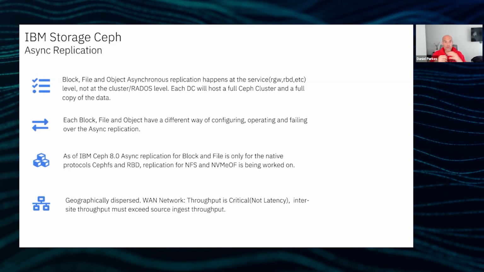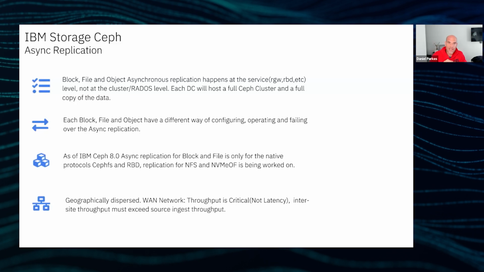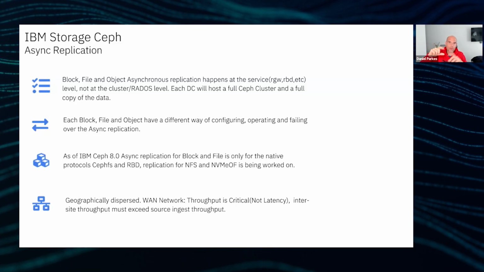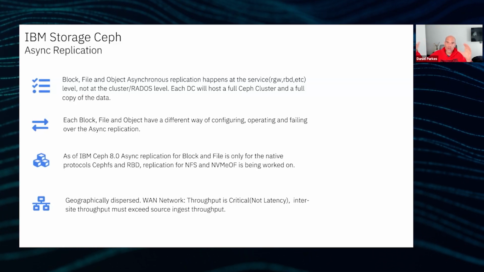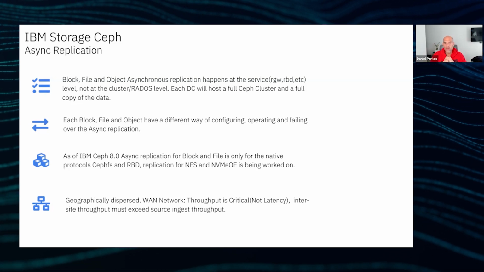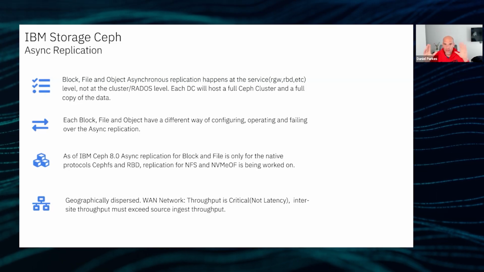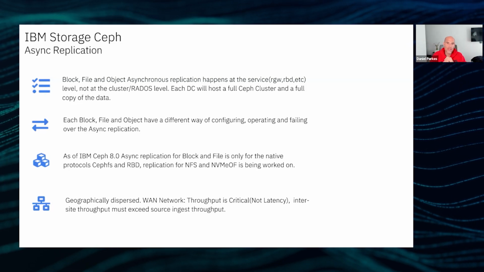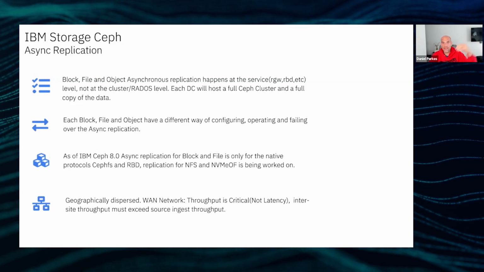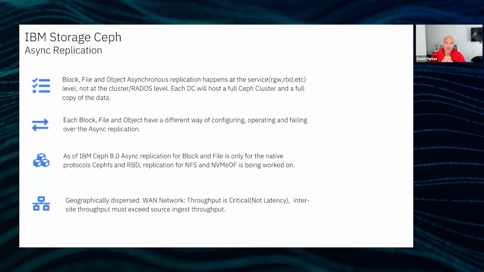Because if we're not able to replicate it in time, our RPO, our possibility of losing data, is going to grow indefinitely. So we really want to make sure that we have enough throughput between our different sites to be able to manage all of the data that we're ingesting from our clients.